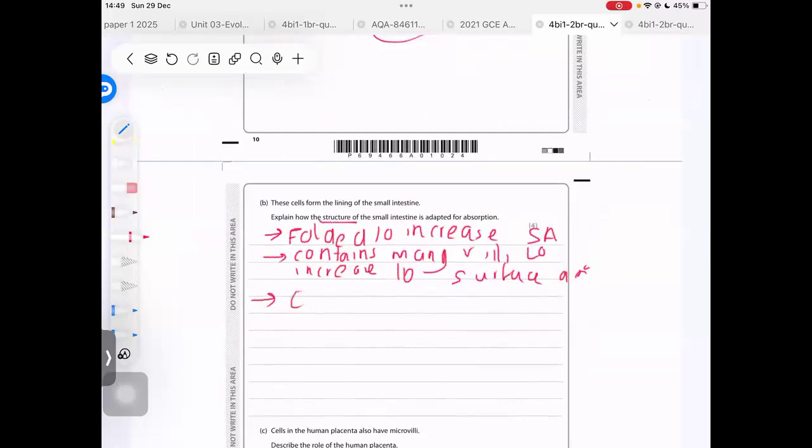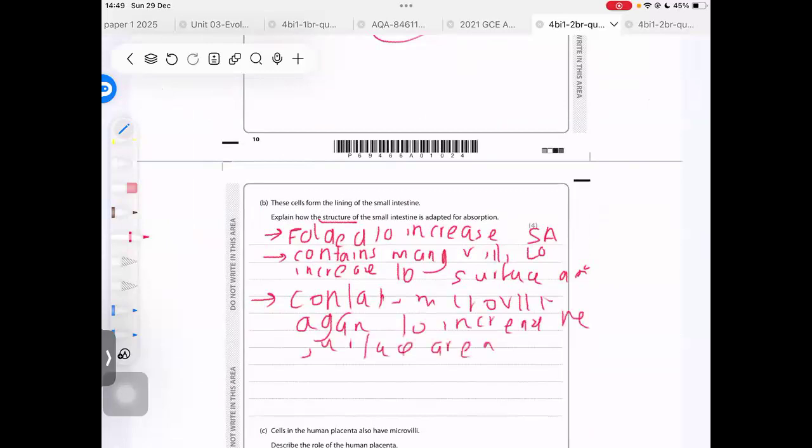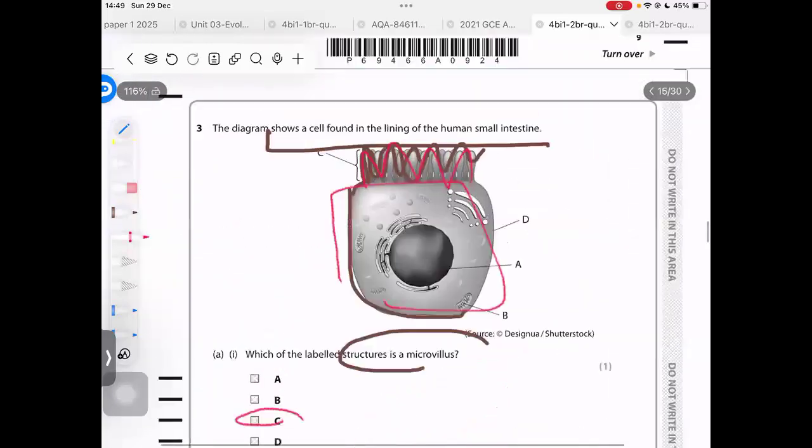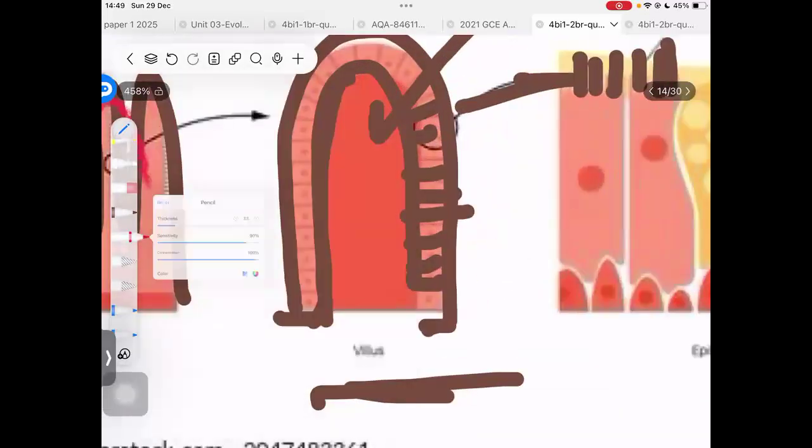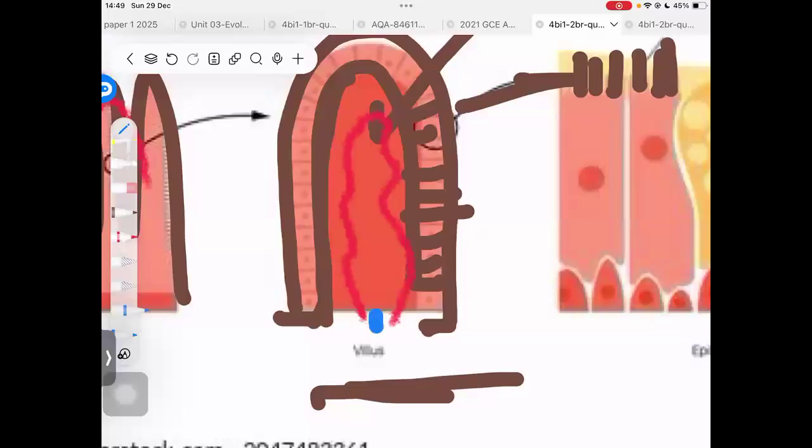Contains microvilli again to increase the surface area. And do you know, if you take one villus like this, inside the villus there are blood capillaries. Not just that, there is a structure called the lacteal.